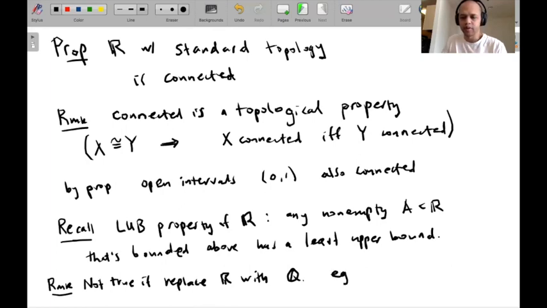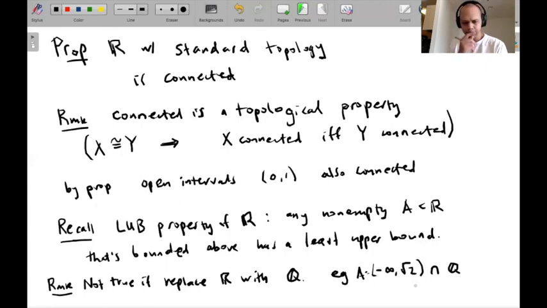For example, consider A to be this subset of rational numbers. It's a non-empty subset of rational numbers which is bounded above, but it doesn't have a least upper bound in the rational numbers. The least upper bound of this set is square root of 2, and square root of 2 isn't rational.